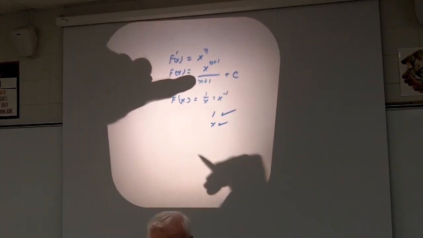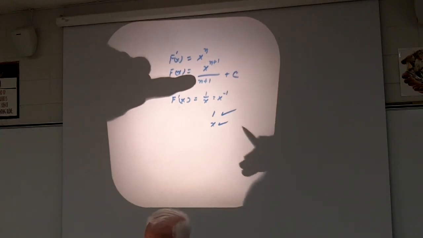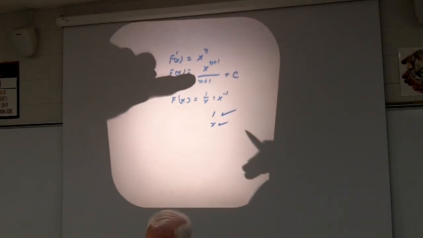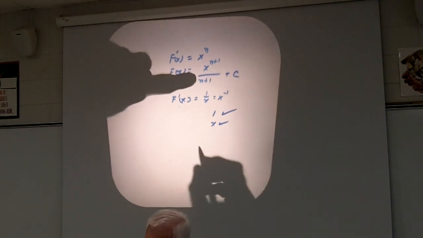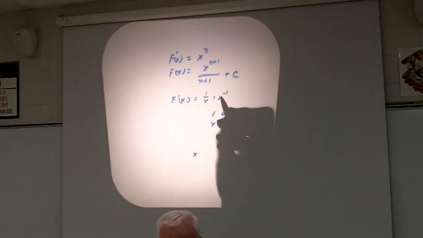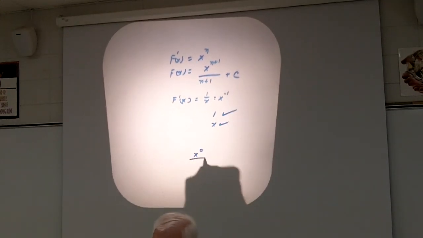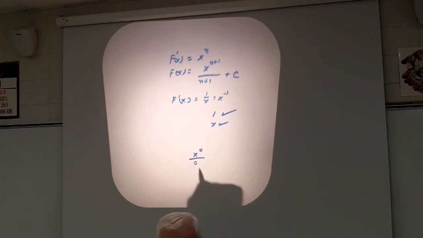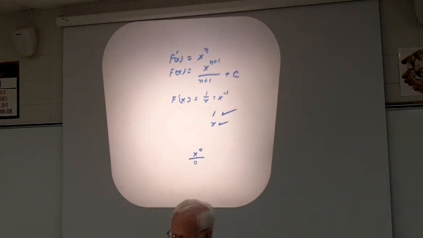This does come with the condition that n is not equal to minus 1. If I tried this, what would happen? I'd raise x to the 0 and divide by 0, and I can't divide by 0. So that's why that doesn't work.